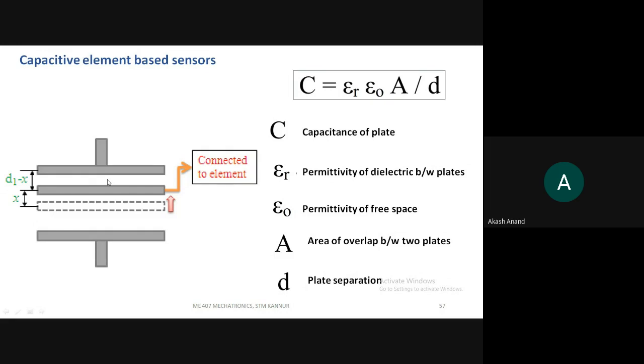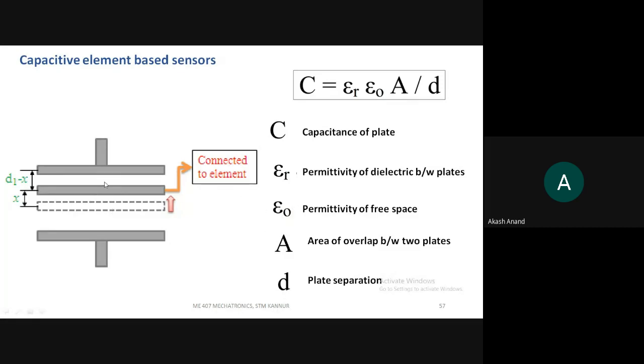You can see that there is a medium called air in between. So the permittivity of air determines the capacitance of this capacitor. If water was used in between, the permittivity of water would be used here. In other cases, if it is vacuum, only the permittivity of vacuum is considered.